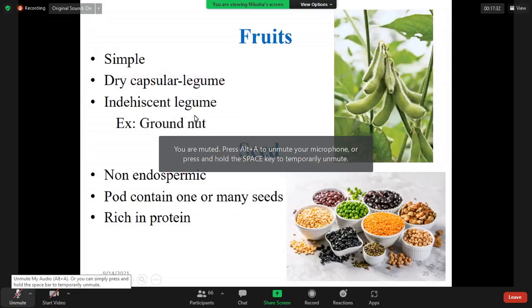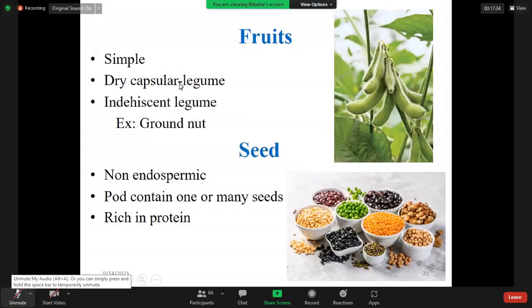This is a dry capsular legume. Another thing: after ripening or maturing, the seeds become dehiscent. Dehiscence means it will automatically split open and the seeds come out, so we call them dehiscent.